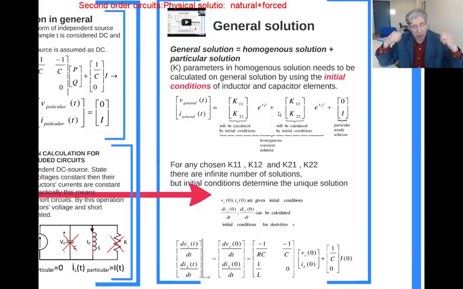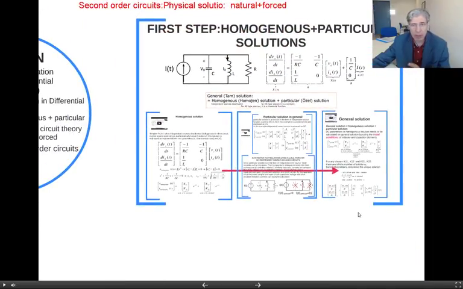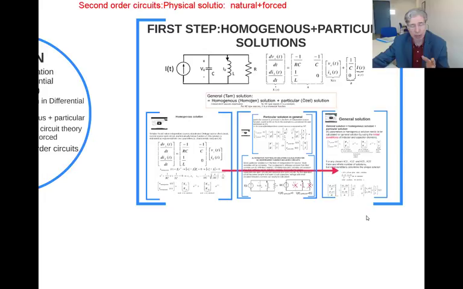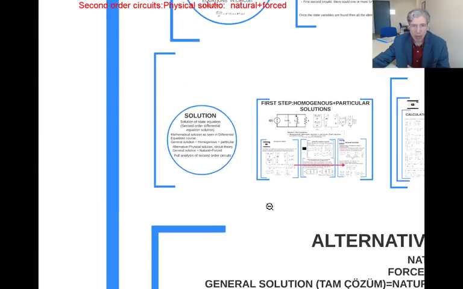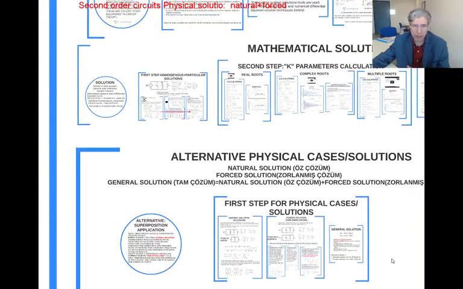In the mathematical course, you have been using eigenvalues and eigenvectors for the calculation of the k parameters. And we said that's the one method that we use. In circuit theory, we are going to introduce an alternative method.